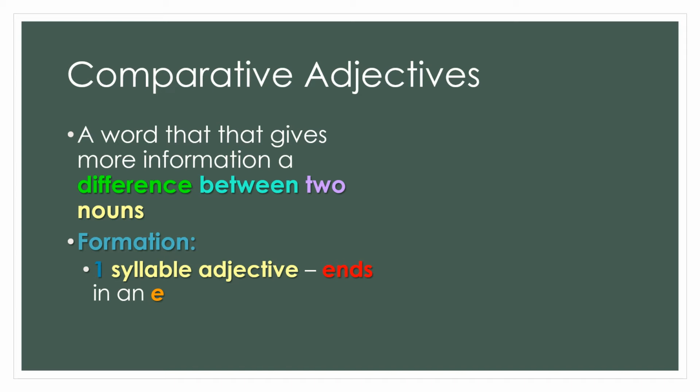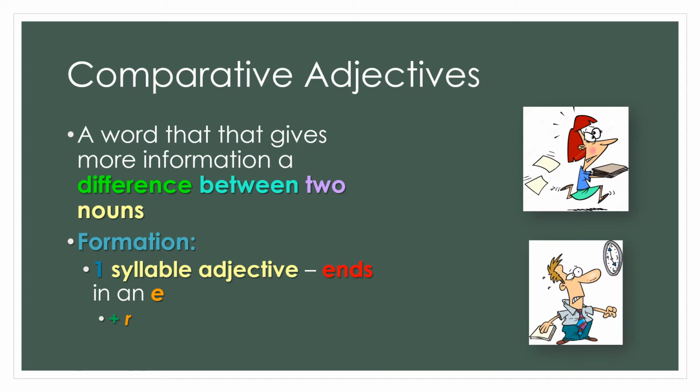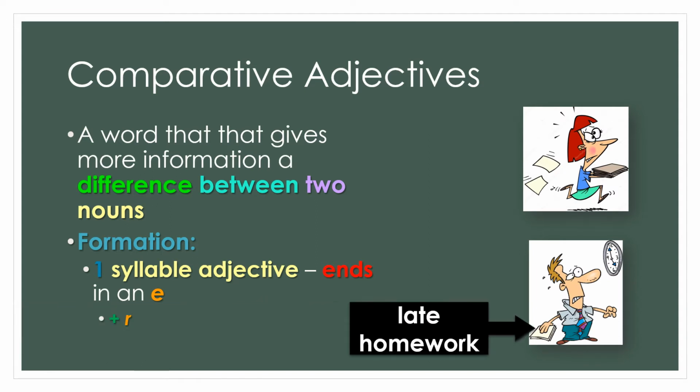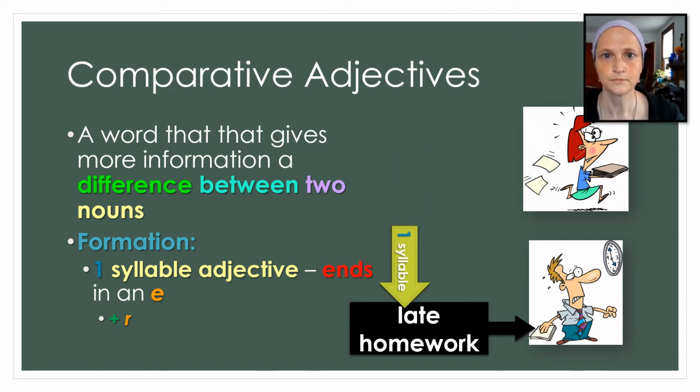If you have a one-syllable adjective that ends in the letter E, you just add the letter R. For example, late homework. Late, one syllable.